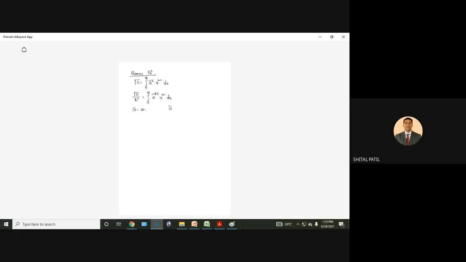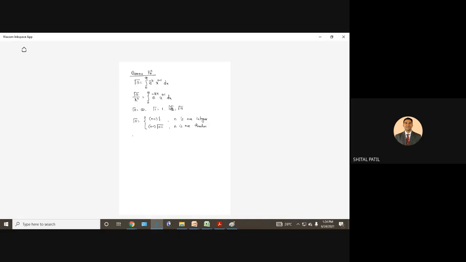Gamma 0 equals infinity, gamma 1 equals 1, and gamma half equals root of pi. Then we obtained the value of the gamma function. Gamma n was equal to n minus 1 factorial whenever n is a positive integer, and here n is a positive fraction.